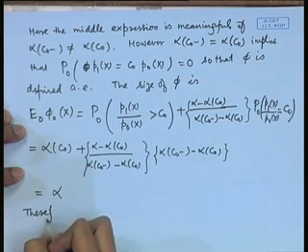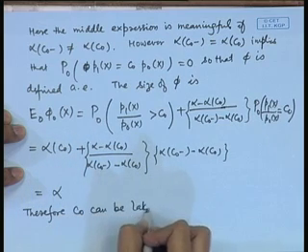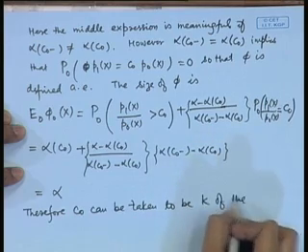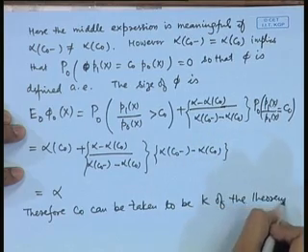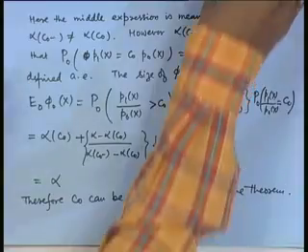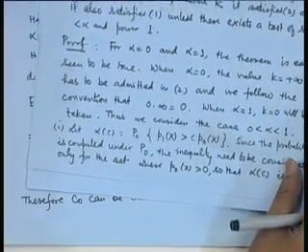Therefore, C0 can be taken to be K of the theorem. So, this proves the existence part of the theorem, because we have exhibited that there exists a test which has size equal to alpha of a given type, because we fix the type also here in the existence part.